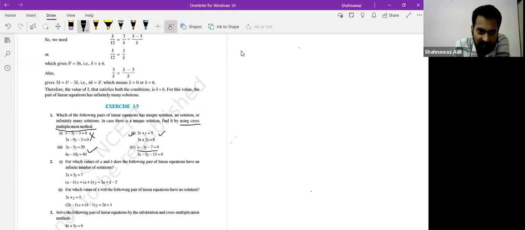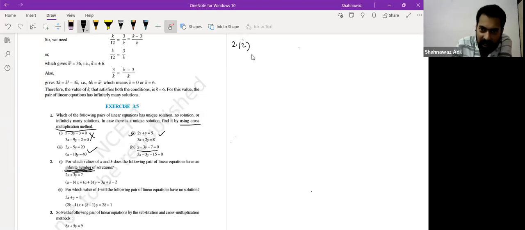Yes, sir. So that property we will use here. So this was your hint. For which value of a and b does the following pair of linear equations have infinitely many solutions? So this is the main information.